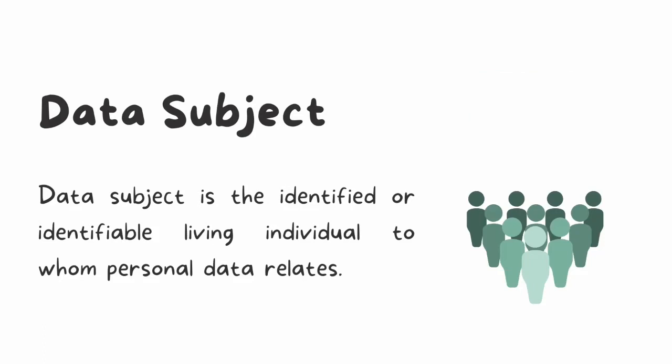It is an individual that can be identified via an identifier such as a name, an ID number, location data, or via factors specific to the person's physical, physiological, genetic, mental, economic, cultural, or social identity.